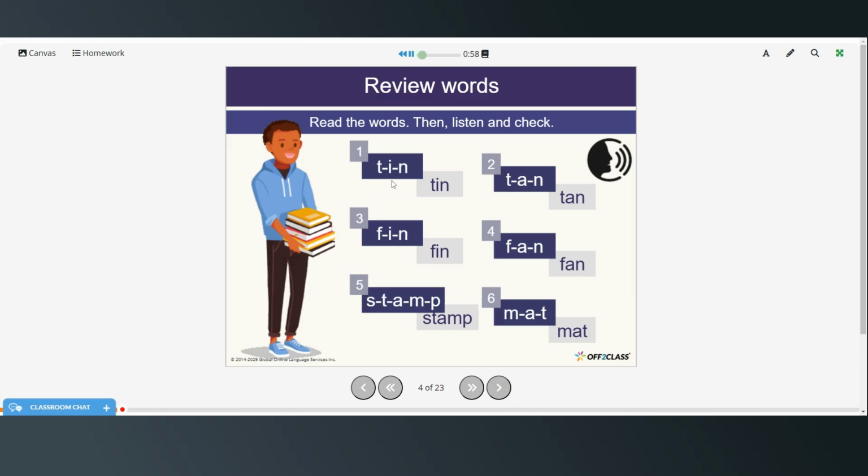T, I, N, tin. T, A, N, tan. F, I, N, fin.